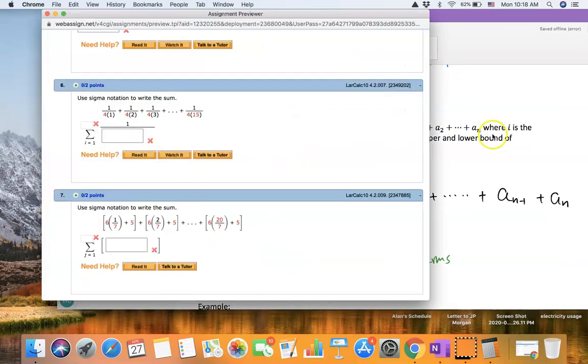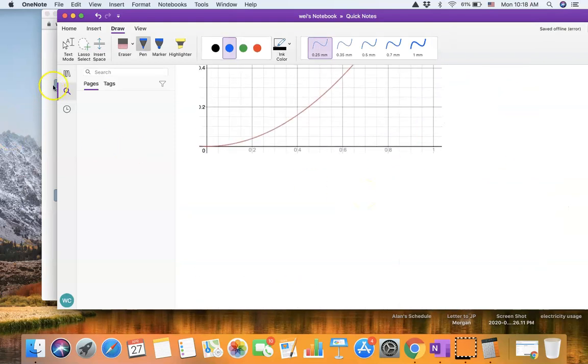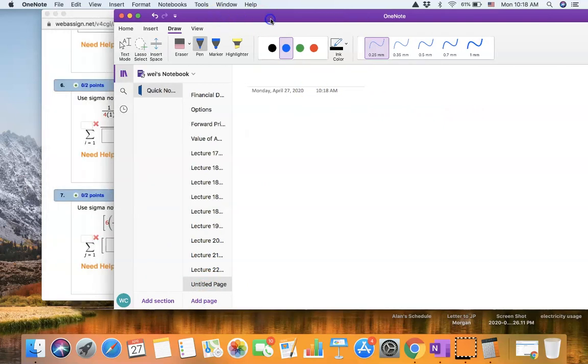First, we want to determine what is the end value of the input, and what is the formula for a_i? Okay. Let me do it here.